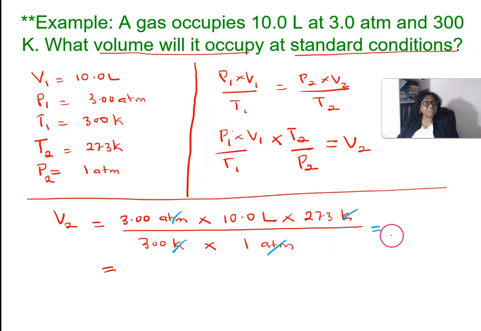So what we have is 27.3 liters. So that's our V2. So now let's look at molar volumes.